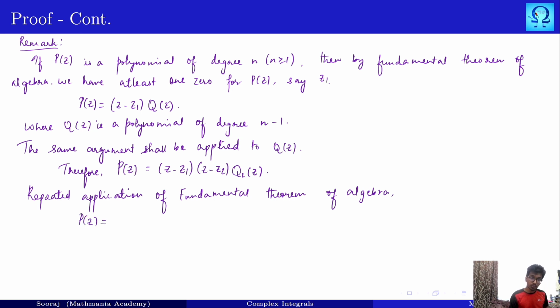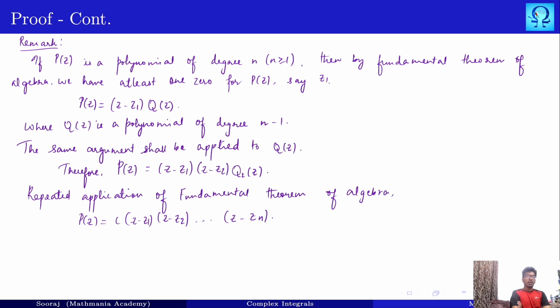So p of z would be c times z minus z1, z minus z2, till z minus zn. In between there may be repetitions of the zeros, that is of no bother, but still we can write them in linear factors. This is what we are saying.